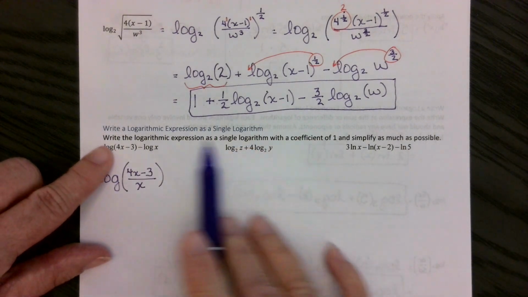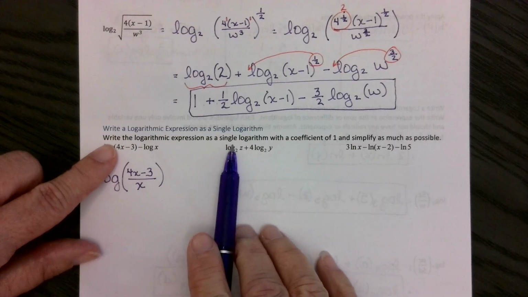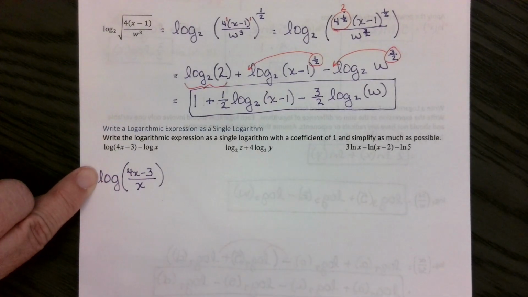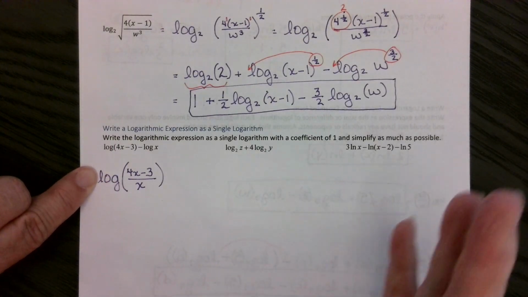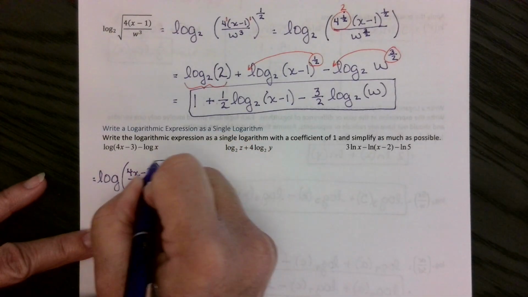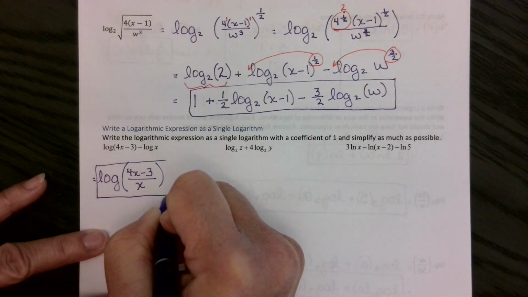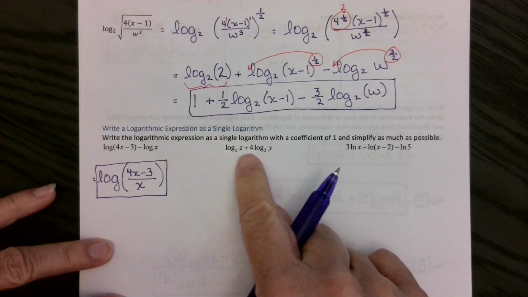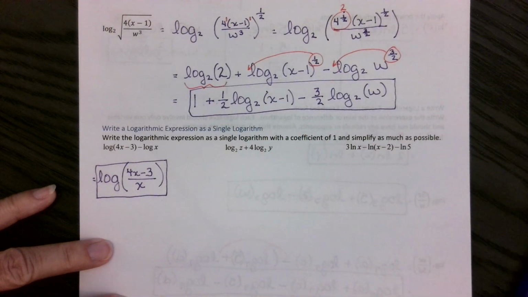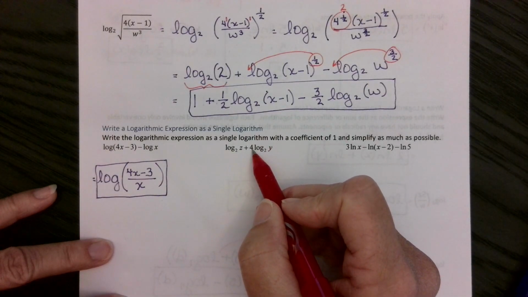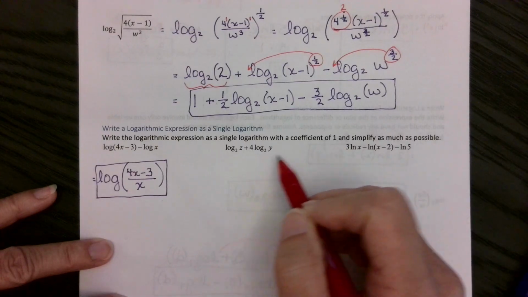And let's see. Okay, it says write the logarithm expression as a single logarithm with a coefficient of 1. That means there's no number in front of that. Well, there is. It's 1. We just don't write it. And then simplify if you can. All right, so that was pretty easy. It won't reduce, so we don't have to worry about it. Right here, we've got two things. We have addition, and we got this number in front. This coefficient, it needs to be 1.